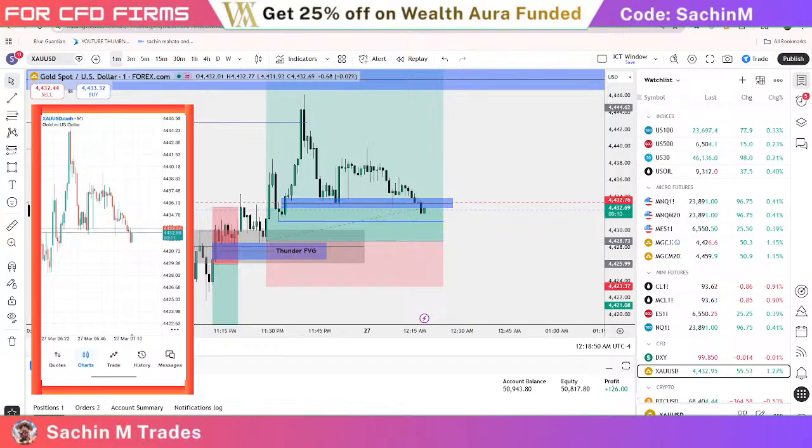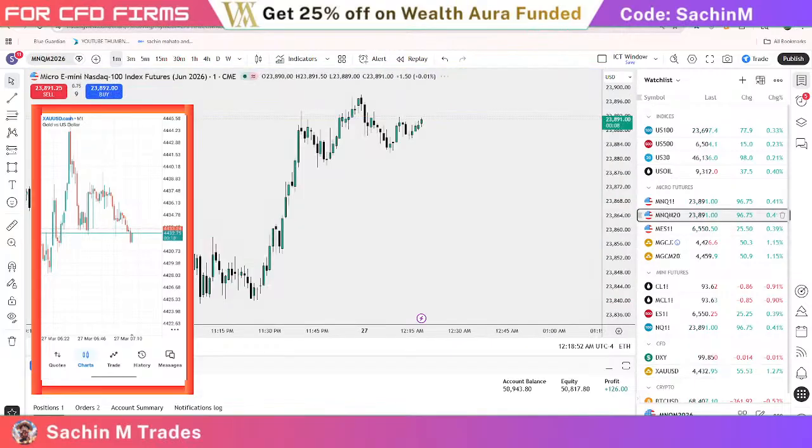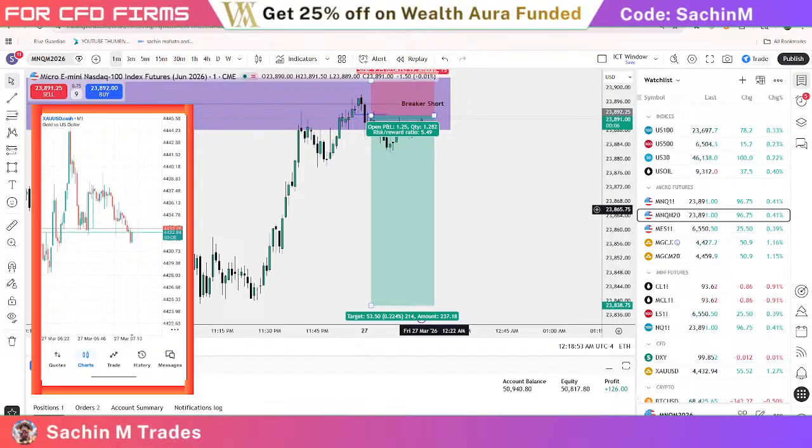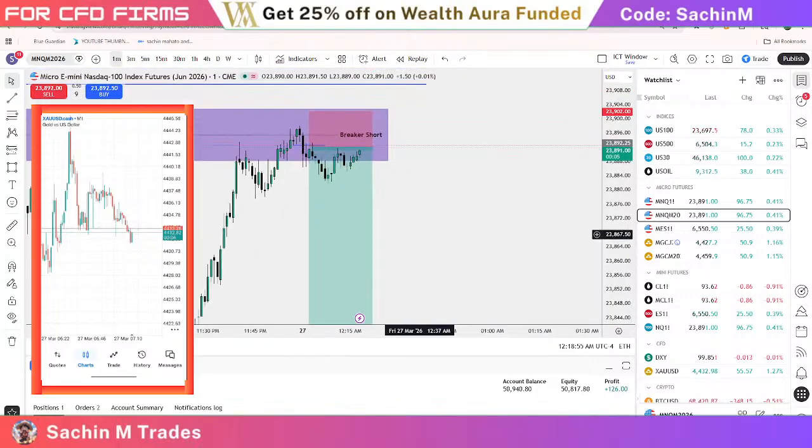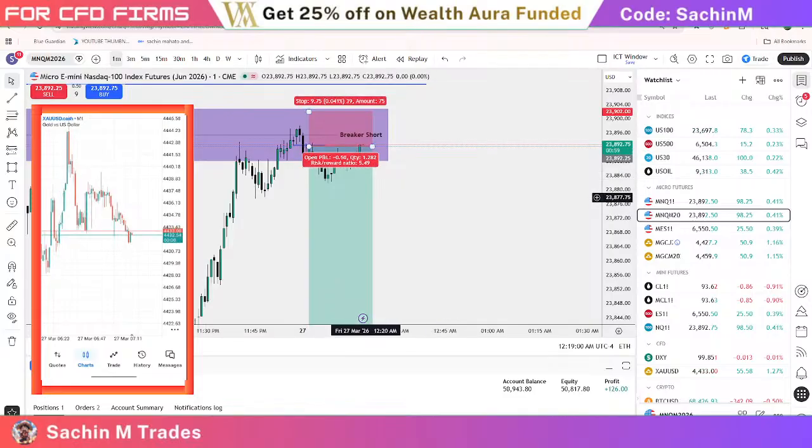Let's look at MNQ. It was respecting our level and it is still respecting our levels, but I think this will be a loss, and thankfully I didn't take this trade.